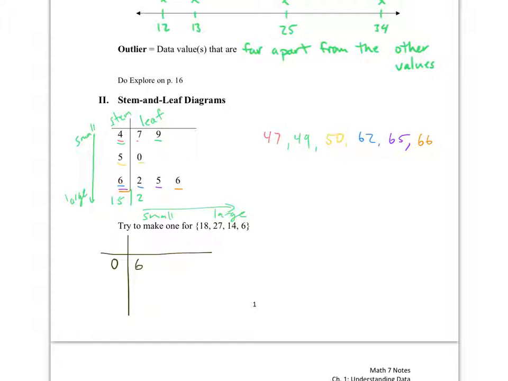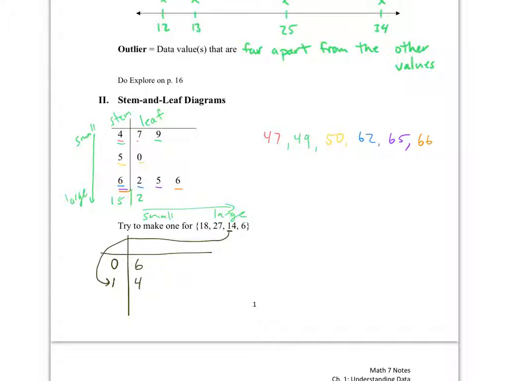What's the next smallest number? 14. So that is in our tens, right? So this 1 right here, of the 14, is my tens place. And the 4 is in my leaf, my ones place. Do I have any more numbers in the tens?